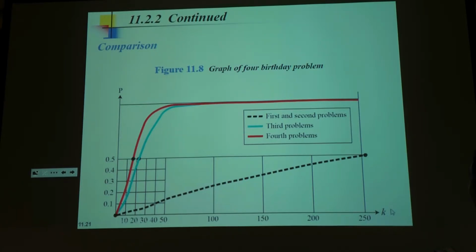So K increases as the probability increases. For example, for a probability of 50%, K in the first problem is much less than for the second problem.